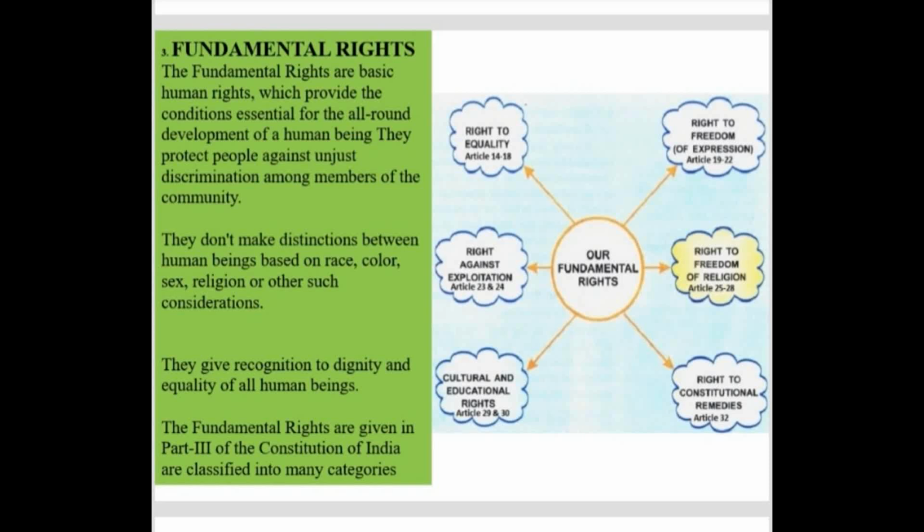In the American Constitution, there was the Bill of Rights, which gives certain fundamental rights to the people of America. In a similar manner, our constitutional makers have taken this feature from the Bill of Rights of the American Constitution, modified it a bit, and introduced it in our constitution.